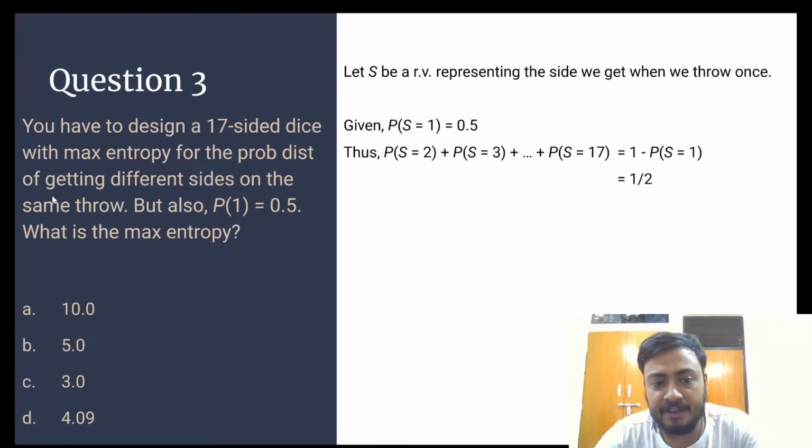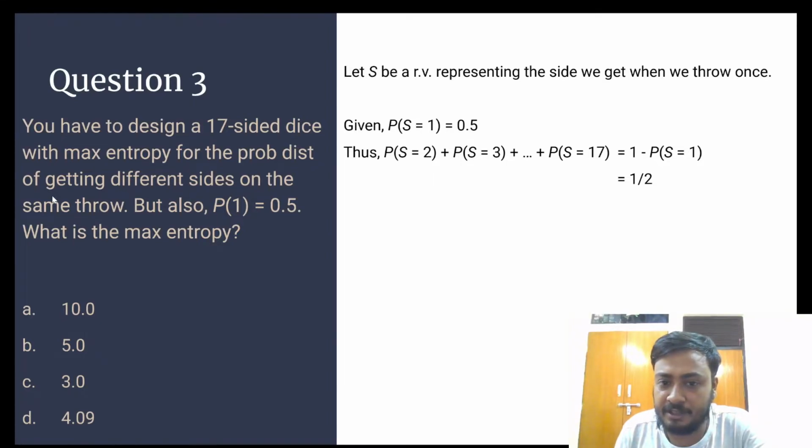Now you have been given in the question that probability of S equal to 1 is 0.5. You know that the sum of the probabilities of all the sides must be 1. That is a universal probability rule. So you add up the probability that we get 2, plus the probability we get 3, and so on up to the probability we get 17. That will be 1 minus 0.5, because of the constraint P1 equal to 0.5.